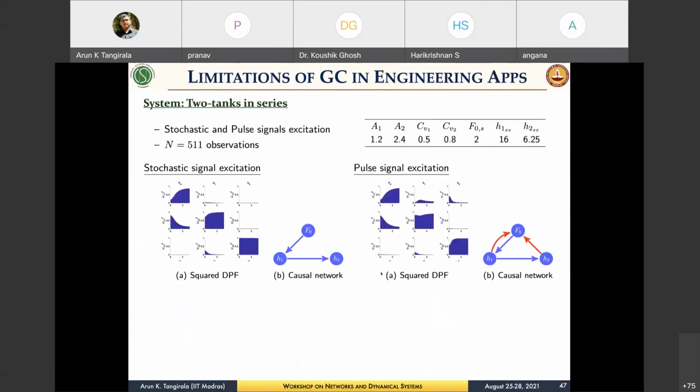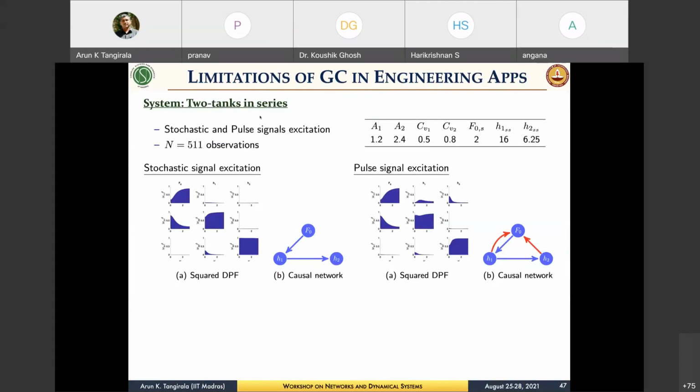Okay. So I just want to conclude this topic on Granger causality by pointing out its limitation in engineering applications. I did mention that it is suitable for signals that have stochastic variations. So here I consider two simple liquid level systems in series. What I mean by that is, there are two tanks placed in series.